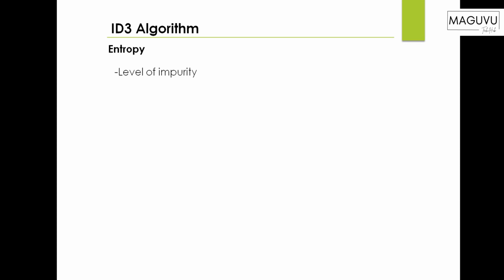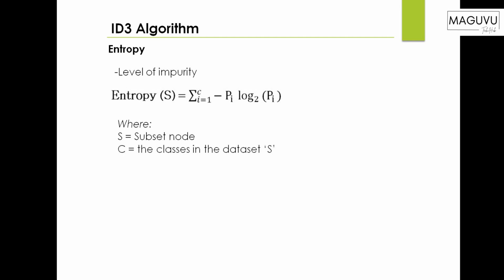When you're looking at entropy, we can use the formula: the entropy of S is equal to the summation of minus pi log 2 pi, where S is the subset node and C is the classes in a dataset, pi being the proportion of the ith class.